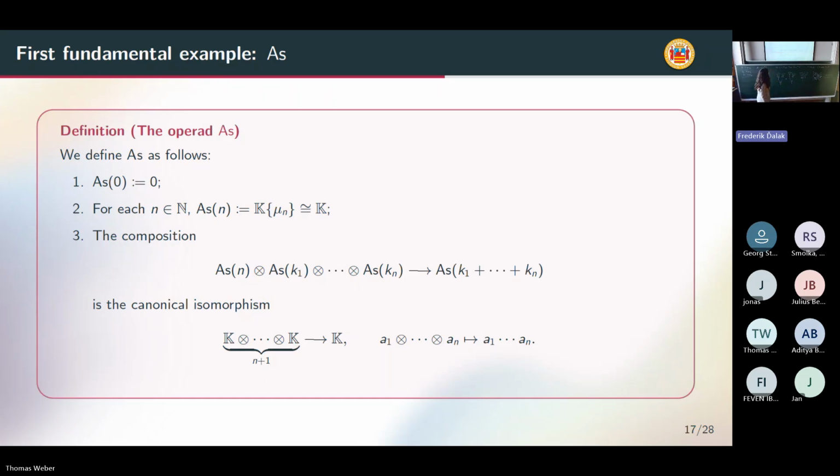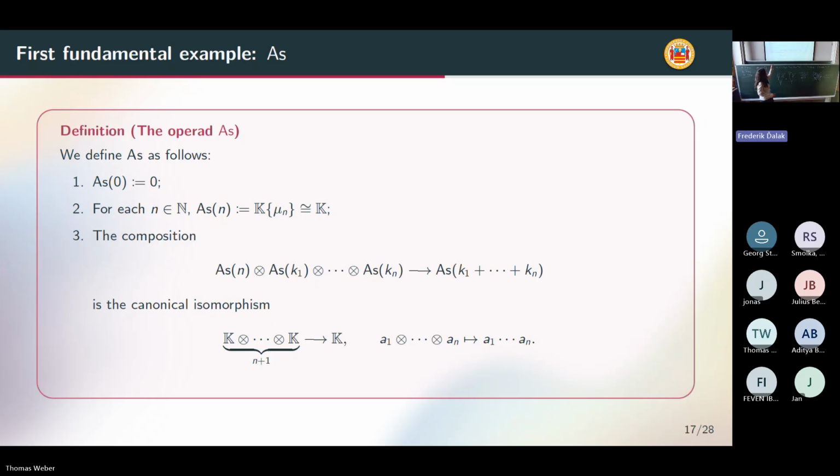Here we set As(0) equal to 0 because here we do not need zero arity operations, because we do not need a unit in associative algebra. We do not necessarily have a unit.